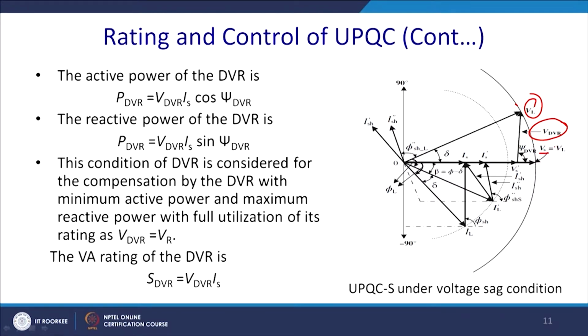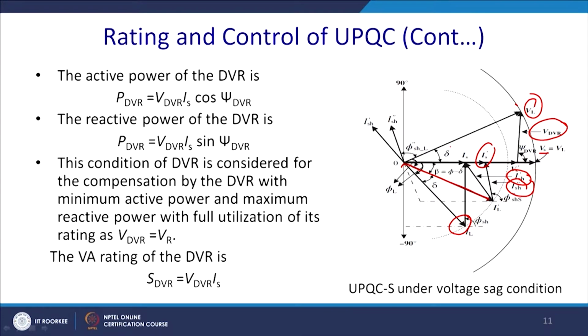And now what happens, you inject some value of the shunt current ISH, so that this is IS prime component and this was IL, the load current, and the load current harmonic component will now be shifted to this point, and the real power will be compensated by this ISH double prime. So, this will make IS in phase with Vs.